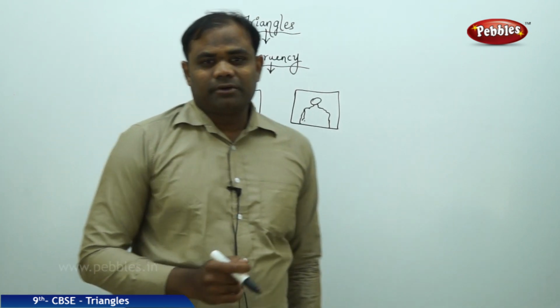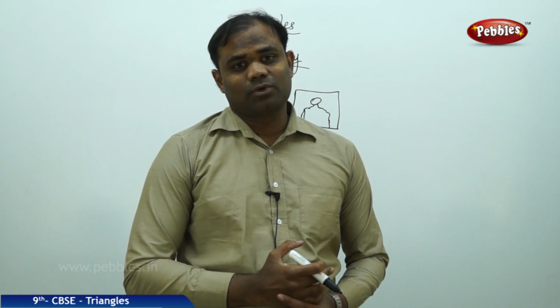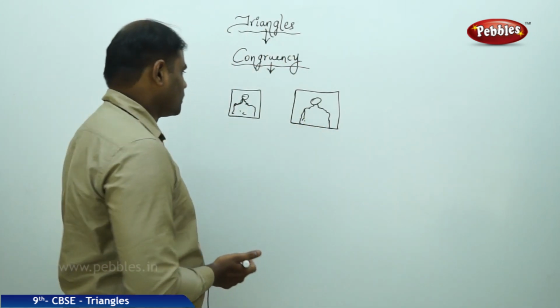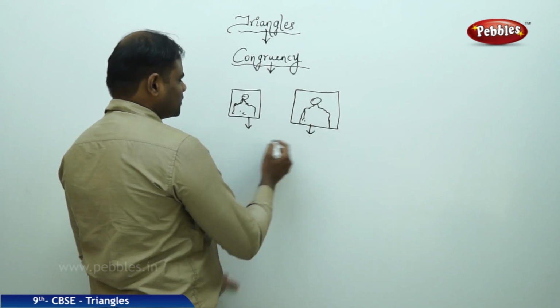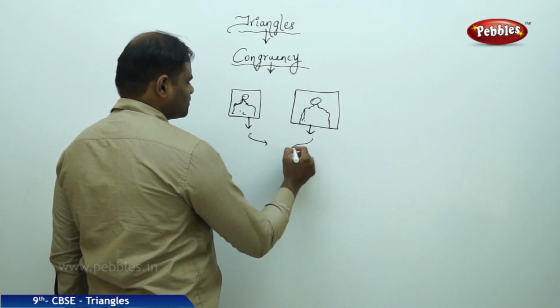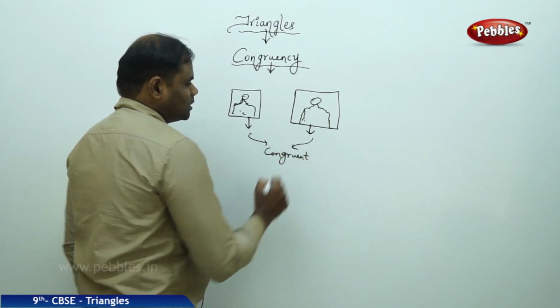When I take the picture immediately, I see that both the pictures are quite similar. Therefore, I say the pictures clicked immediately one after the other are said to be congruent because they are exactly the same as each other.